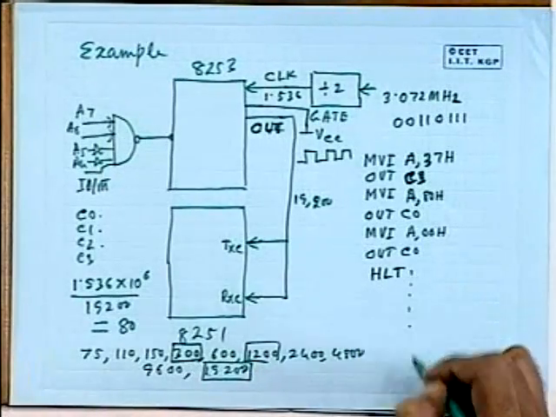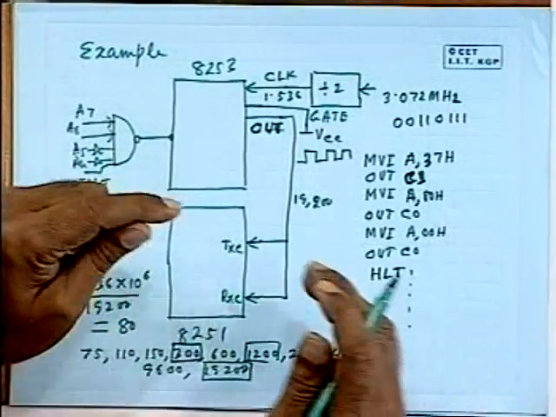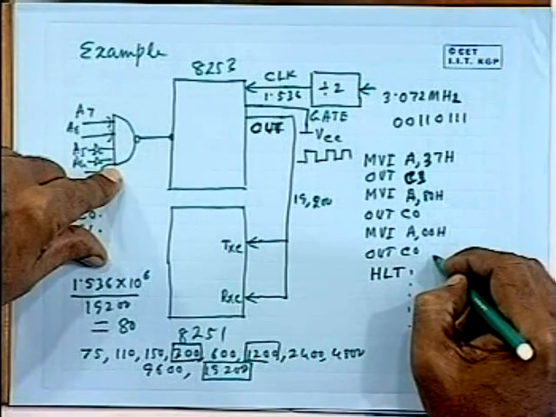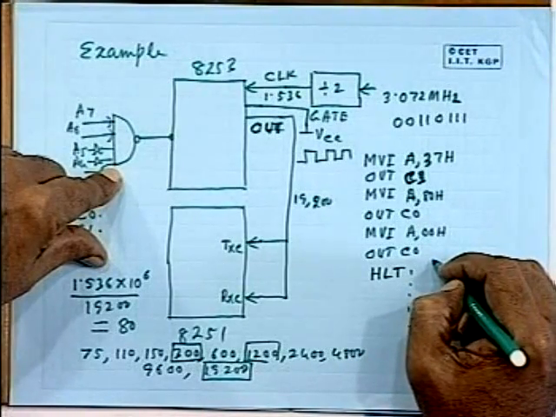It doesn't matter what is there. So with this simple example, we have seen how the 8253 can be programmed to generate a clock, and it will continuously keep on doing that after the initialization is done, and then the microprocessor is free.